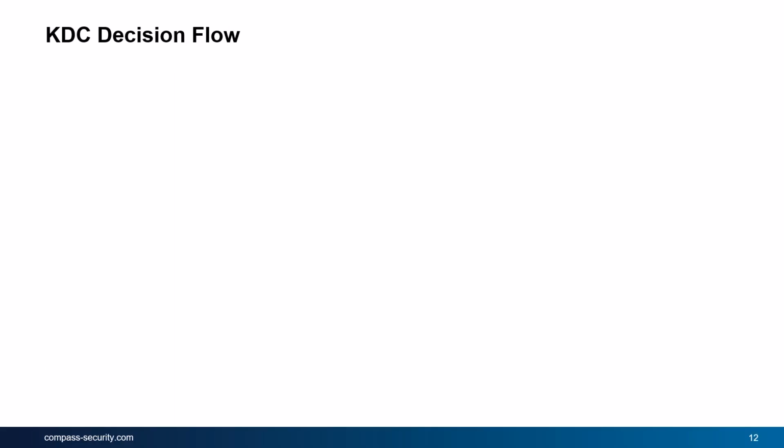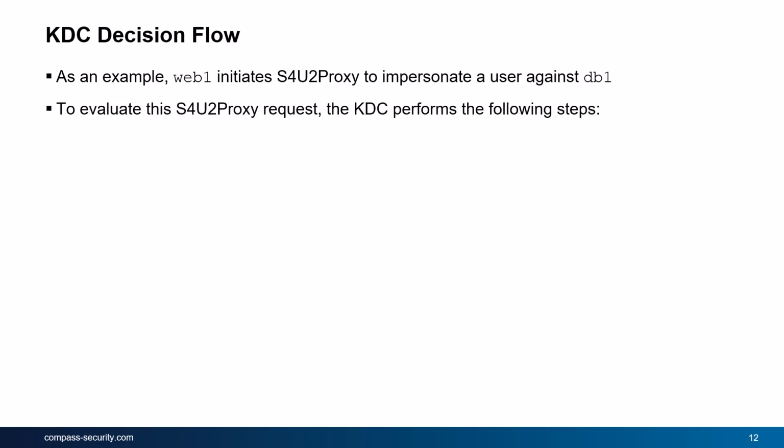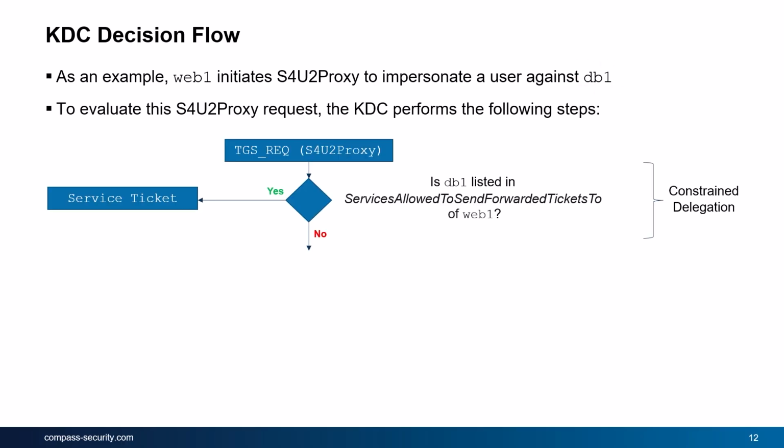So the decision flow that happens on the KDC is as follows. If we have the situation that our front-end system Web1 initiates S4U2Proxy to impersonate a user against the backend system DB1, the process looks as follows.